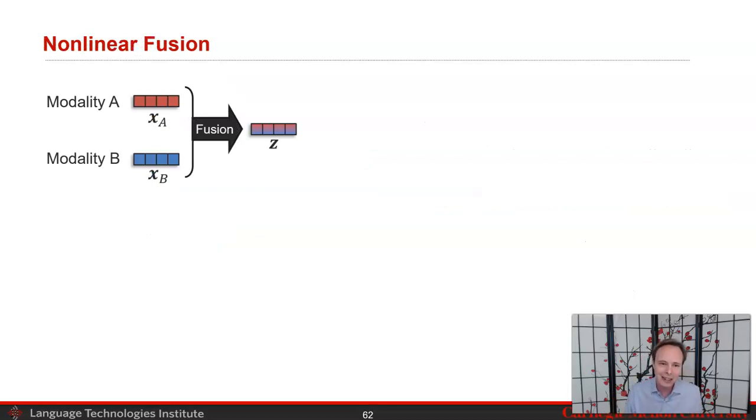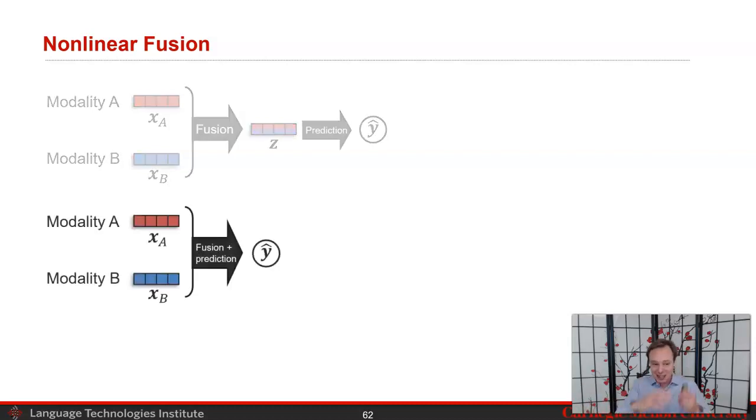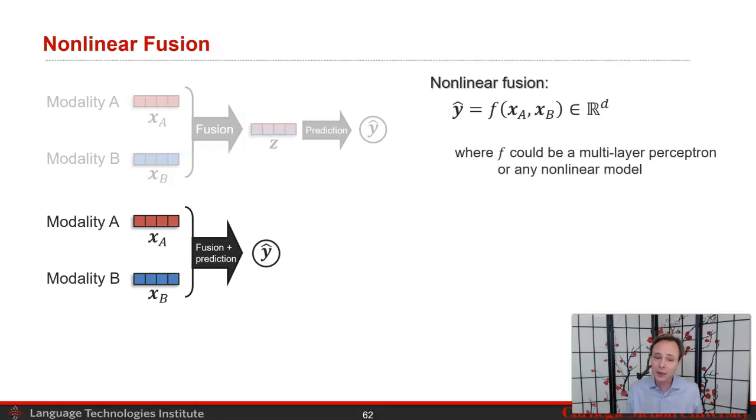And then finally, you get the nonlinear fusion. This is a very popular but somewhat hard to interpret approach, which says, let me have a network that will simply learn the fusion, and give me maybe even a second network, or sometimes it's the same network that does both the fusion and the prediction. So nonlinear fusion is very popular.